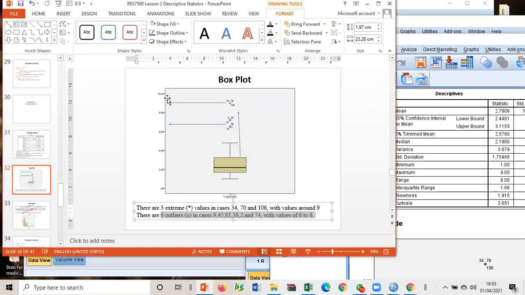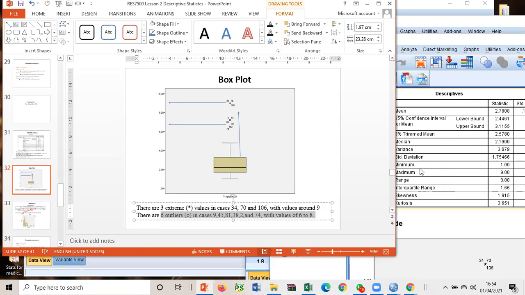You don't have to mention the box length times 3 or times 1.5, no need. This is for you to visualize and interpret. So basically, the box plot tells us how many outliers and how many extreme values there are.